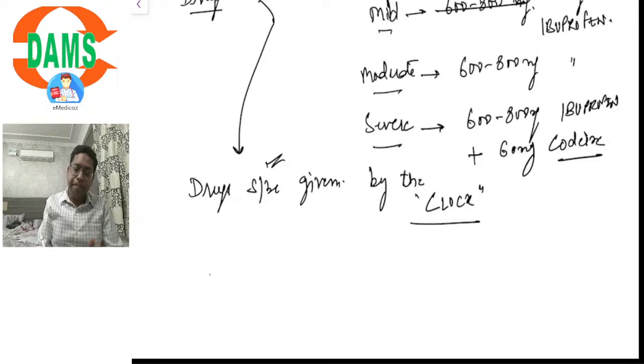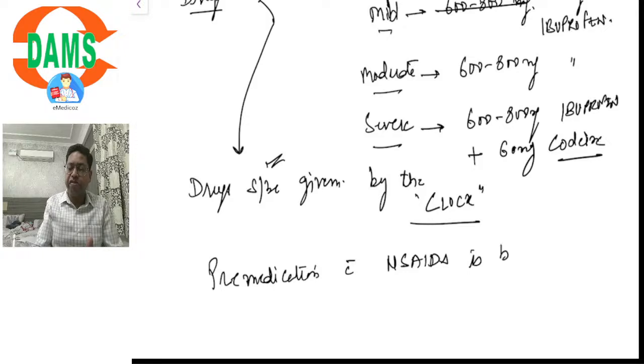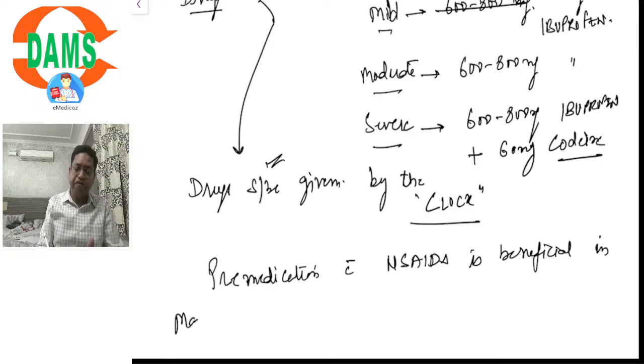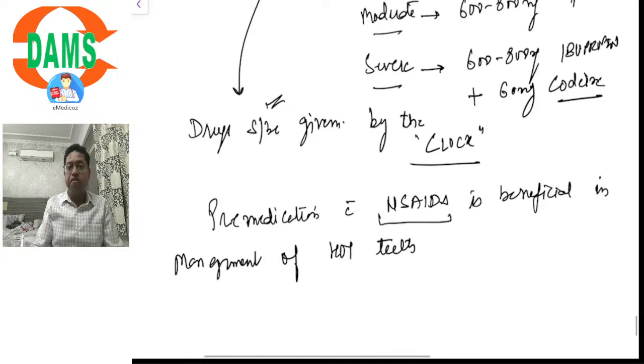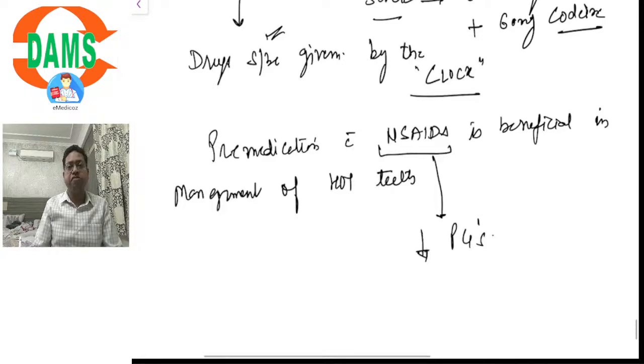So to prevent that, pre-medication with non-steroidal anti-inflammatory drugs is beneficial in management of hot teeth. Why? Because these non-steroidal anti-inflammatory drugs would inhibit prostaglandins, isn't it? The prostaglandins which are present as inflammatory mediators.